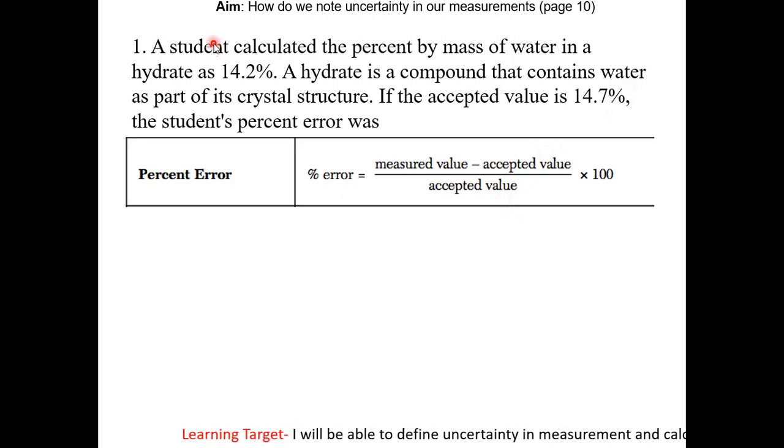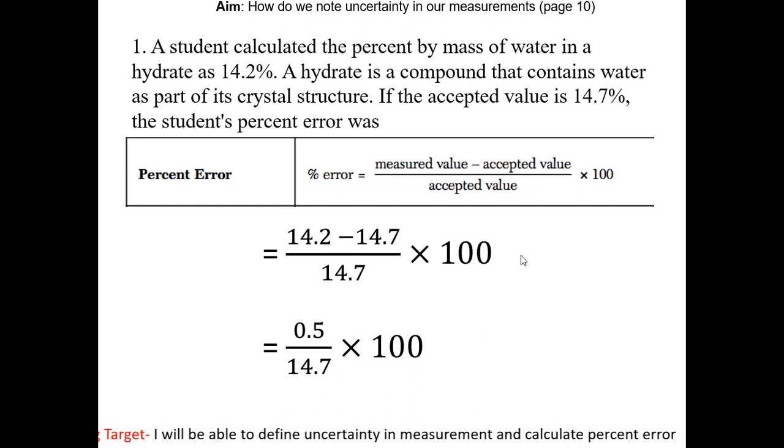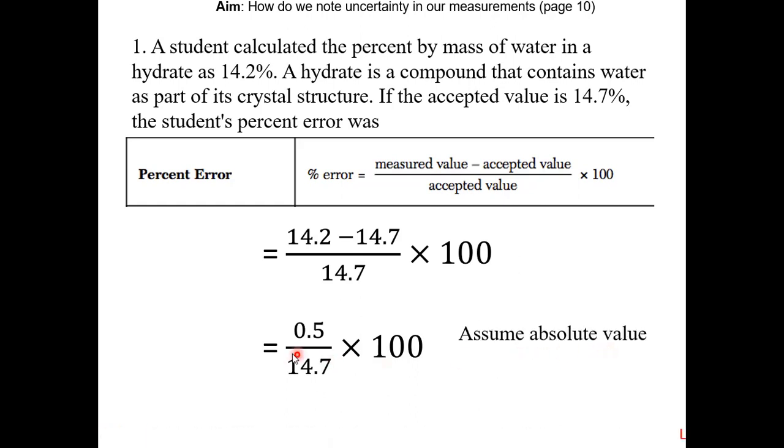Our measured is going to be 14.2 and our accepted is 14.7. You plug this in your calculator, you get this. So assume absolute value, right? Because 14.2 minus 14.7 will give you a negative value. Then you get 3.4%. That's your final answer.